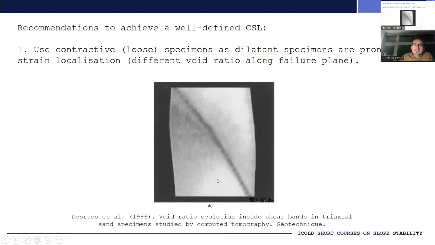And in the laboratory, what we can measure will be the overall void ratio of the specimen. We cannot isolate, not in a traditional laboratory certainly, this shear band to measure the void ratio only there. So the recommendation to use contractive specimens is geared towards avoiding this type of strain localization.